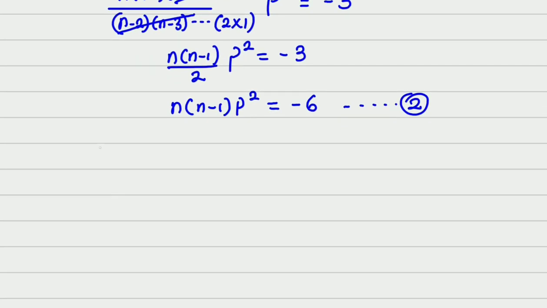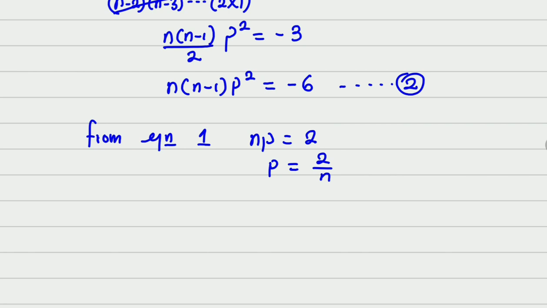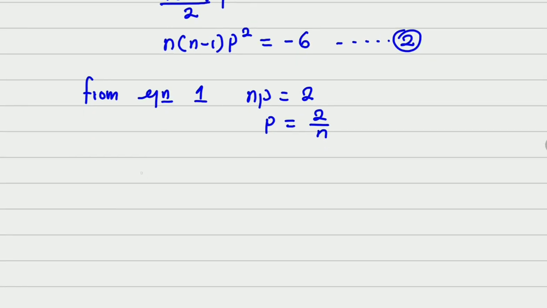Now from equation 1, which we said np is equal to 2, you can now see that p is equal to 2 over n. So I'm going to substitute it in equation 2, so that I have n into n minus 1, then instead of p, I'm going to have 2 over n, all squared, equal to minus 6.